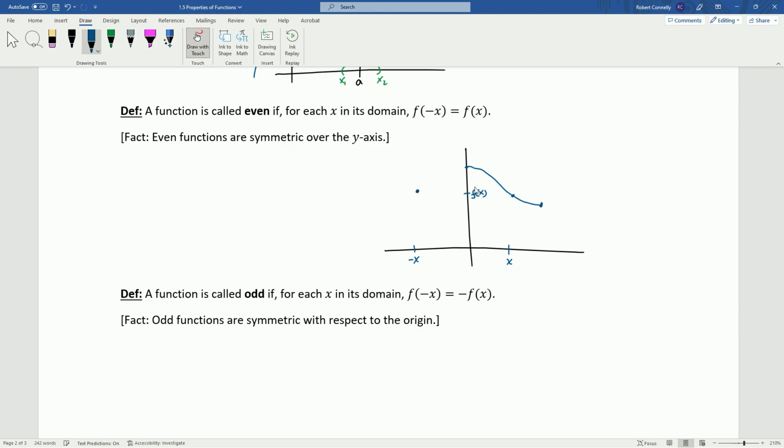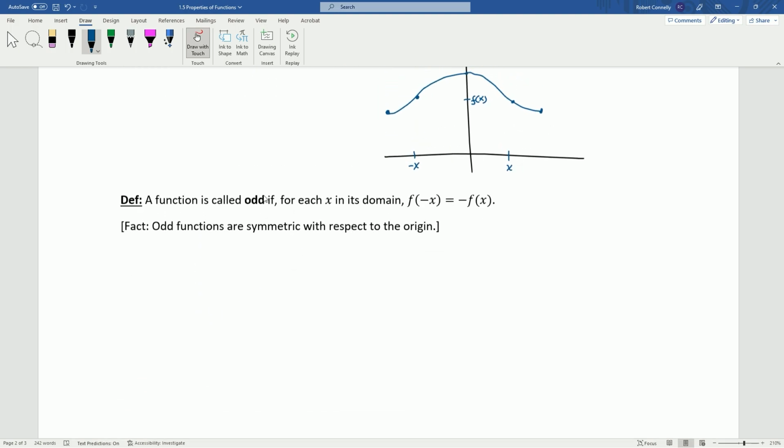I should get the same height. But that has to be true for all x values in the domain, which means you're always going to get a mirror image over the y-axis. So even functions are symmetric over the y-axis. If we know a function is even, we know its graph looks like a mirror image over the y-axis.